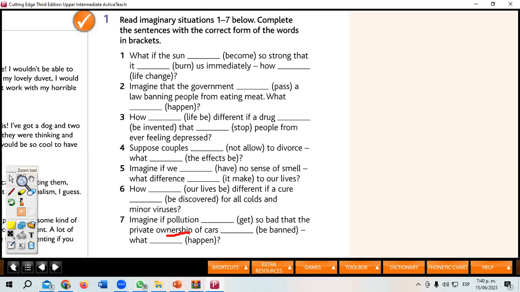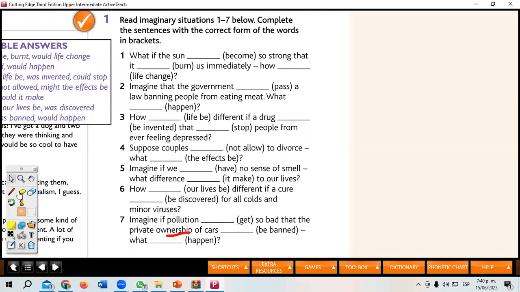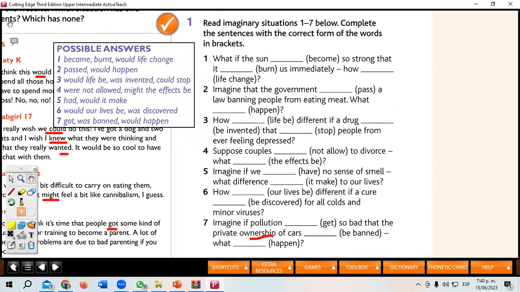Okay? All right. But I am very happy that you got all the answers correct. Any questions? Any doubts still? There you have the answers. Became so strong. El verbo burnt tiene las dos formas, ed o t. Okay? Past, would happen, would life be, was invented, stopped, or could stop.